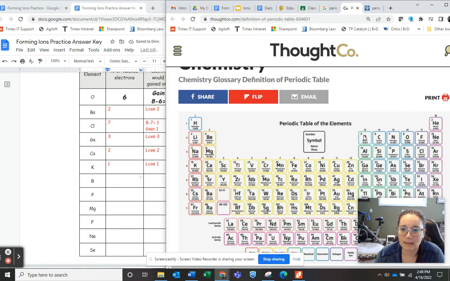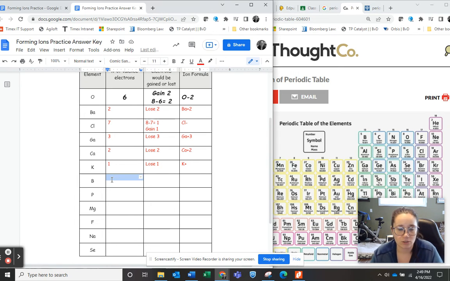Okay, boron is number 5 in group number 13. So we have 3 valence electrons. We lose 3. We're going to have B plus 3. We have all pluses right now. Let's try phosphorus. Phosphorus is over here, in group number 15. That means we have 5 valence electrons.